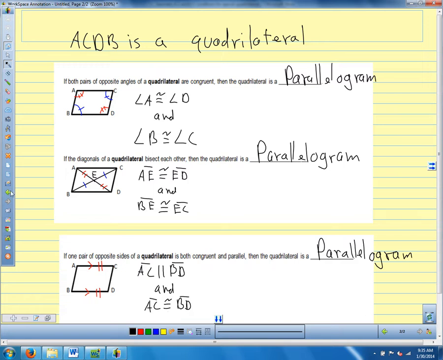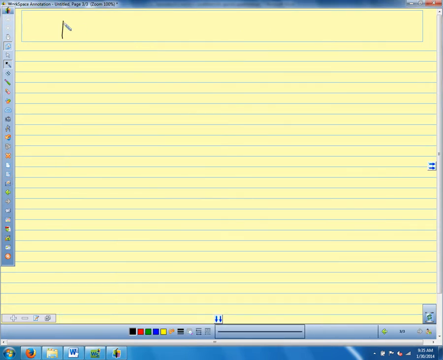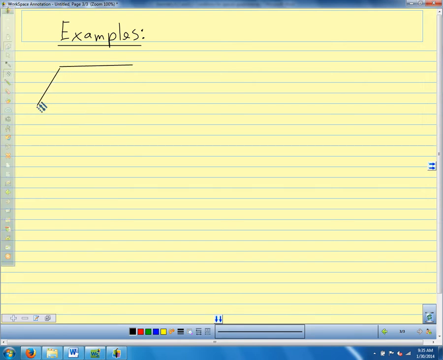So let's look at a couple of examples. I think it's really nice to be able to figure out all kinds of things about shapes. It's kind of interesting. So here's what we're going to start with. Here's our drawing. And we're going to say that this is 4y minus 3.